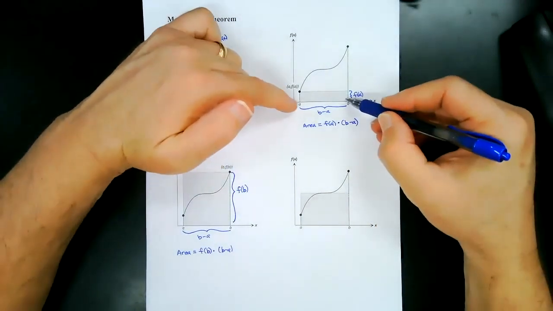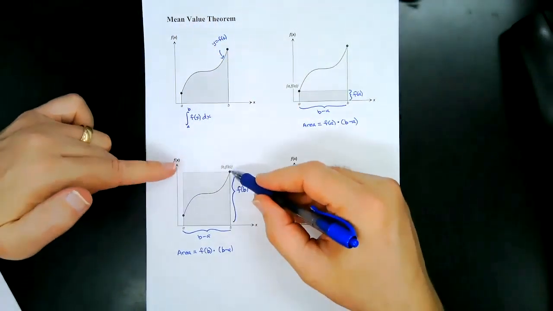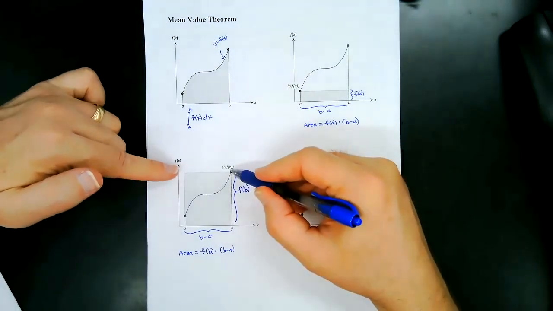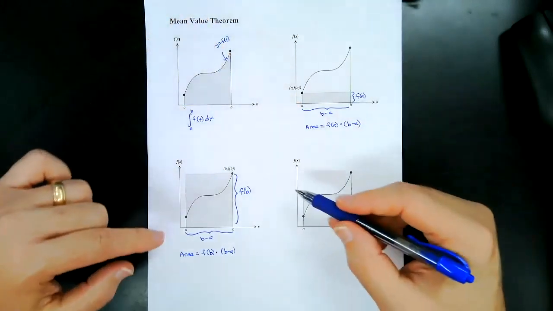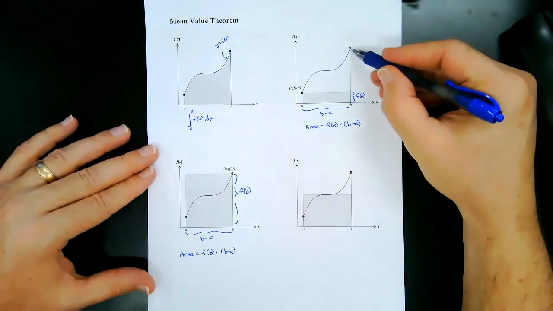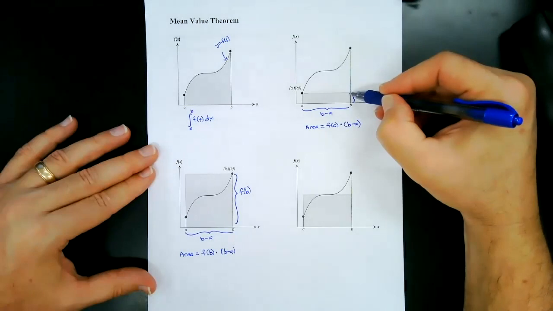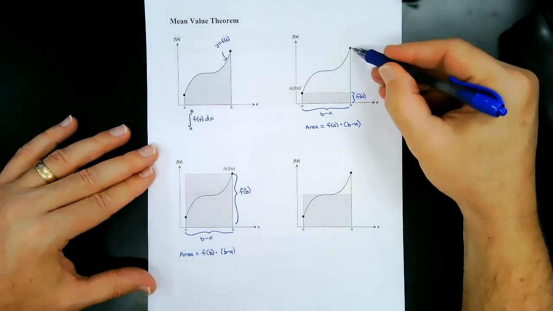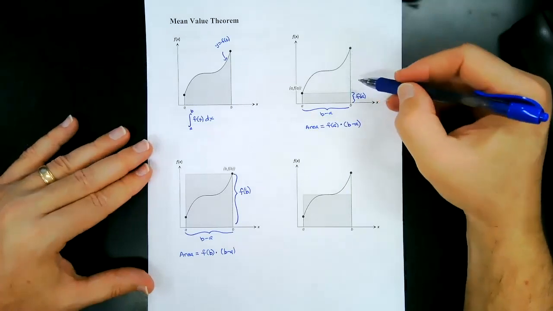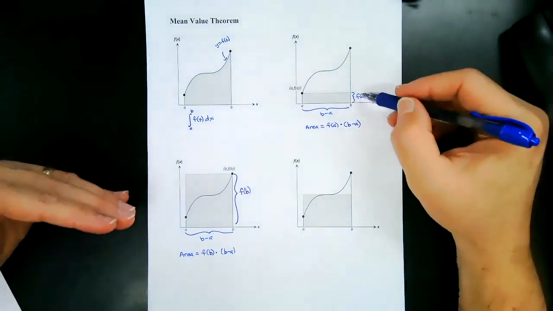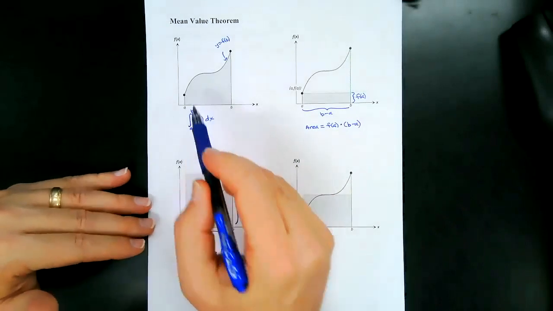So this is too small, and this is too big. We've gone too far up, because definitely this area is bigger than this one, and we haven't gone up far enough. So somewhere in between f of A and f of B, there has to be a height that gives you the identical area as the integral.